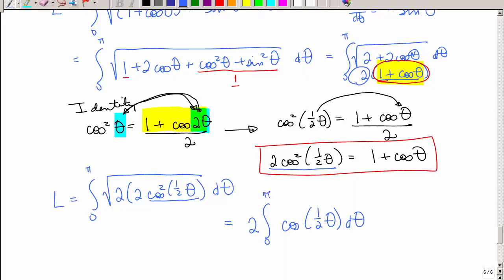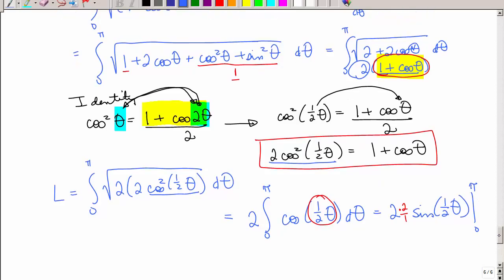I can integrate cosine. The integral of cosine is sine. All right, so I've got the 2 on the outside. The integral of cosine is the sine, and I keep the angle. But now I've got to be careful. Because of this 1/2, I have to divide by 1/2, which means I multiply by 2 over 1. And remember, I'm going to go from 0 to pi.